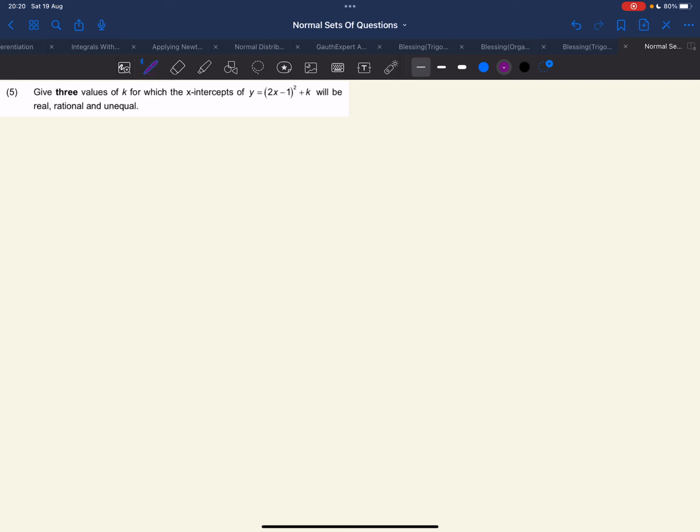for the roots of this whole given function to be real, rational, and unequal, it's when the discriminant is greater than 0.